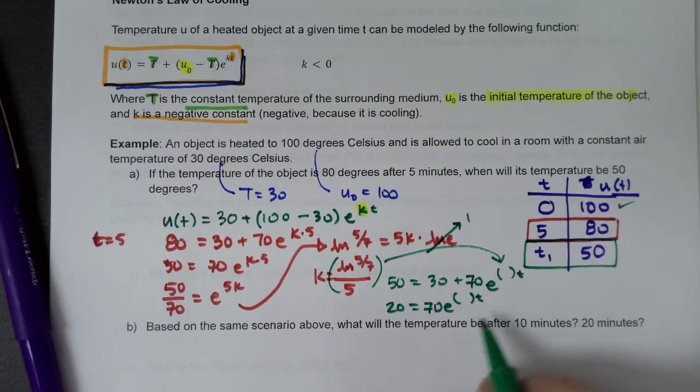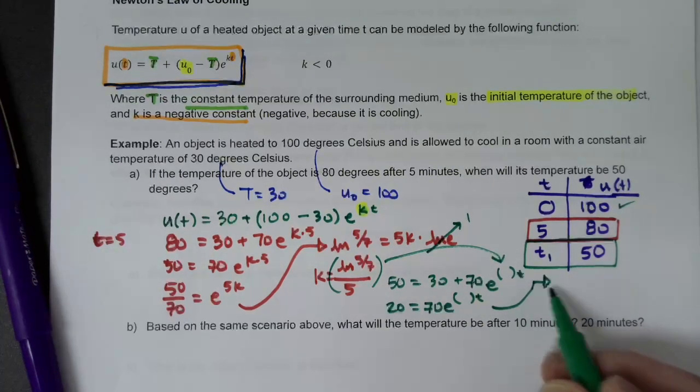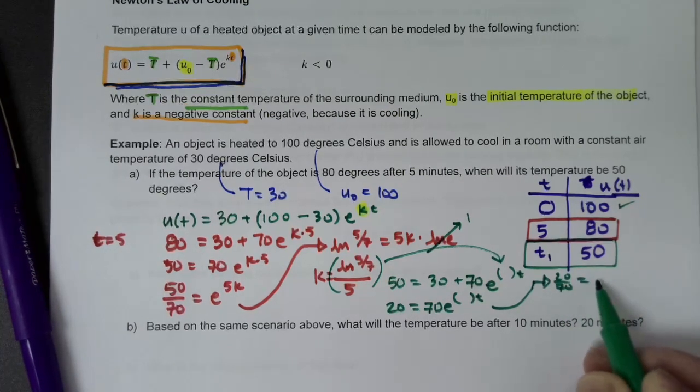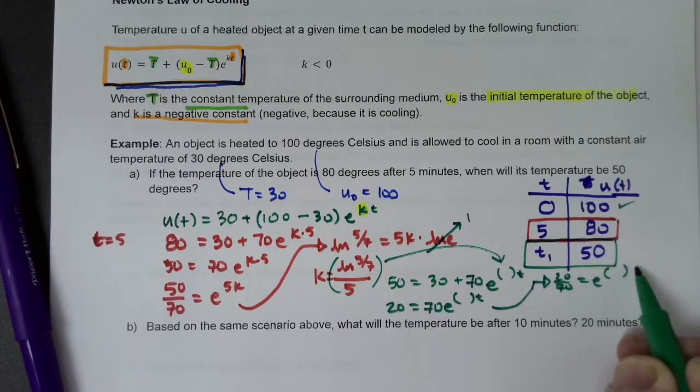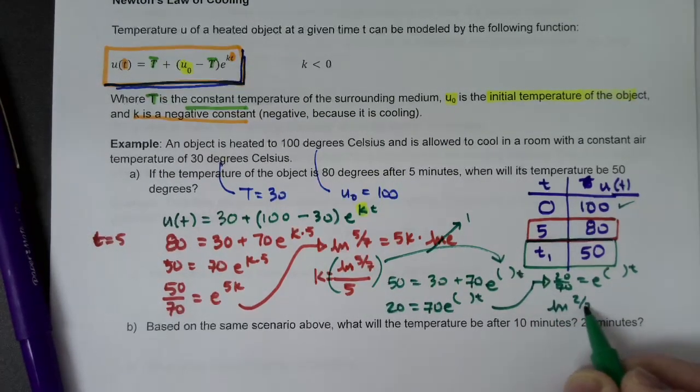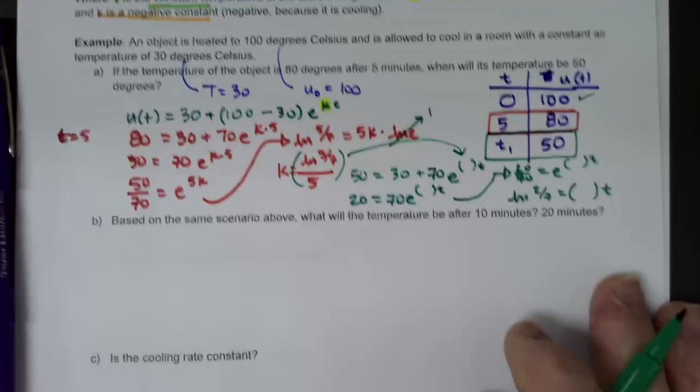Divide both sides by 70, and this will be 20/70ths equals e to that same K times t. Take the natural log of both sides, and we'll get the natural log of 2/7 equals that K value times t.